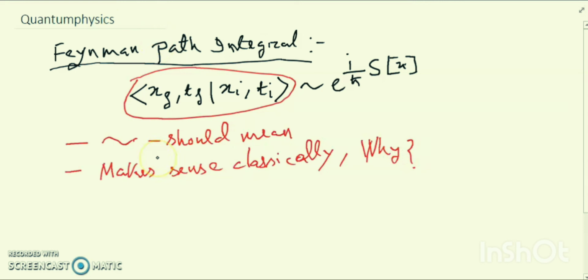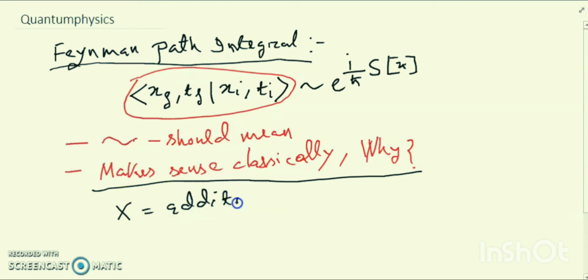So this is the question. Okay, answer: a path must be a classical path. Let us see why that is so. X is additive. Capital X is additive along the path. So this is another observation. We are trying to answer why classical path.